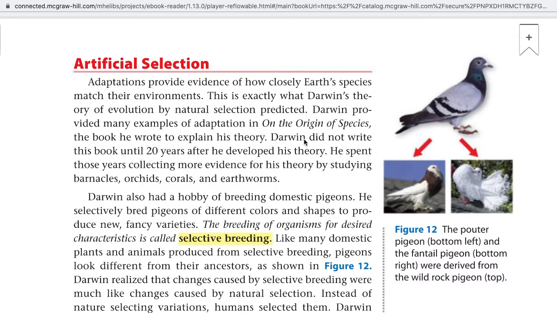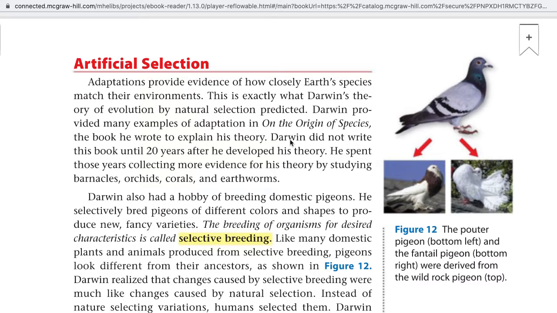So it says Darwin did not write this book until 20 years after he developed his theory. That's false. He wrote the book, but he just set it aside for 20 years. 20 years later, Darwin got a letter from a man named Alfred Russel Wallace, who basically came to the same conclusion that Darwin made about natural selection. And Charles Darwin's like, okay, 20 years ago I put all this work together. There's no way I'm going to have another person take credit for this conclusion that I've come up with before he did.